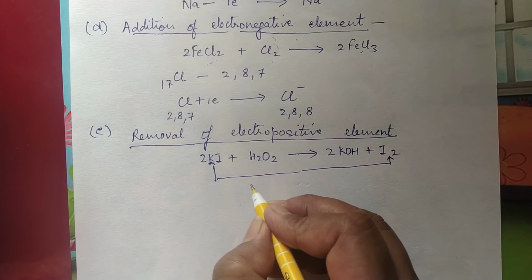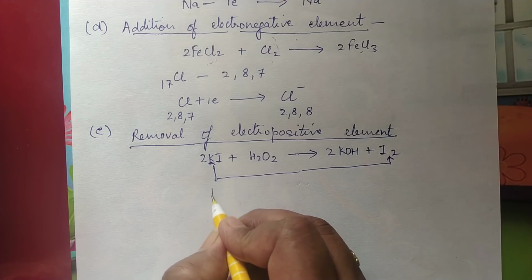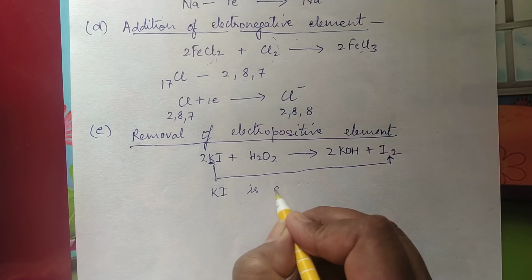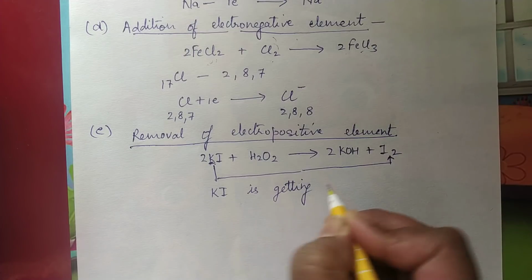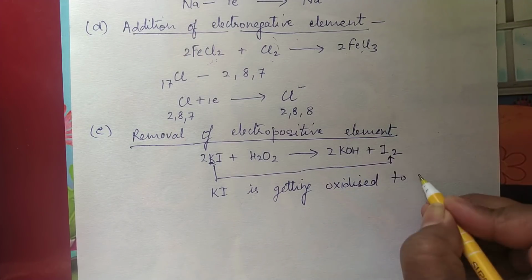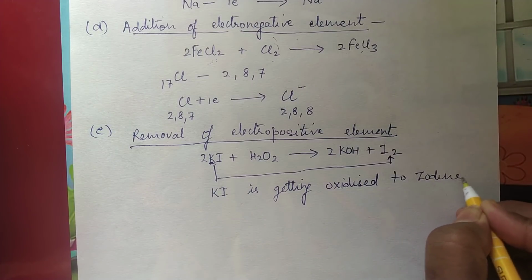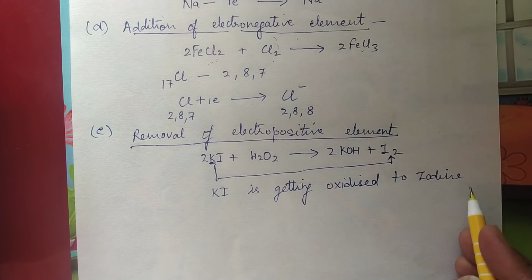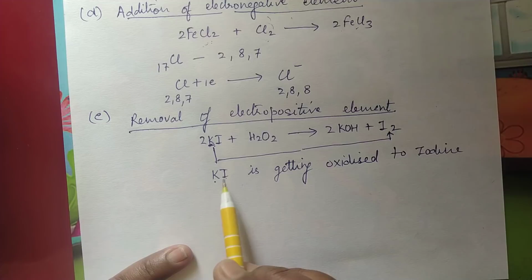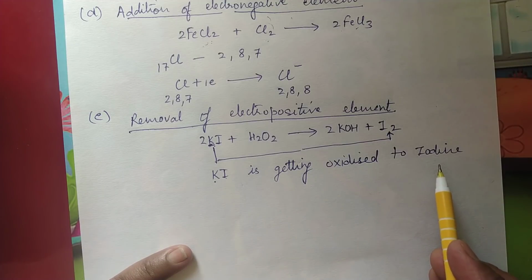So we can say potassium iodide, KI, is getting oxidized to iodine. That means after losing K, KI is getting converted to I2.